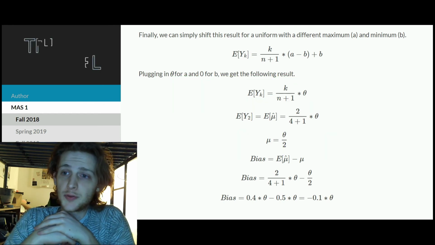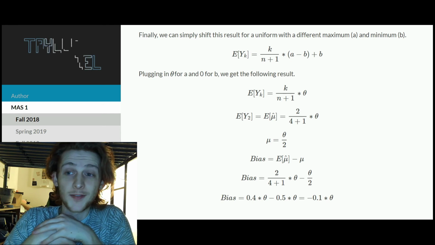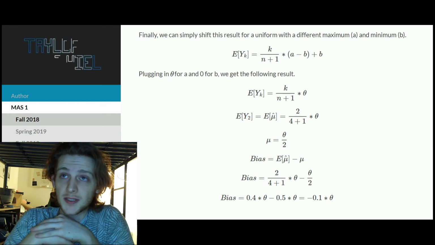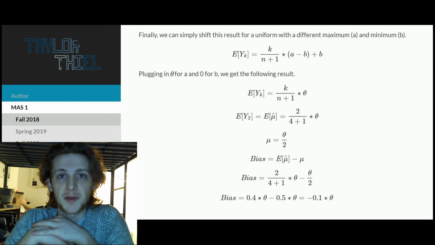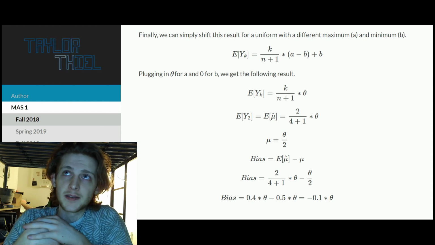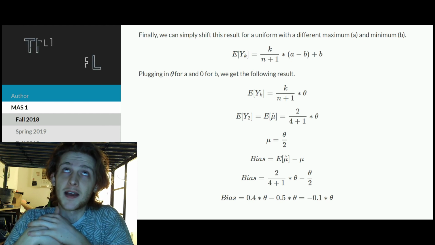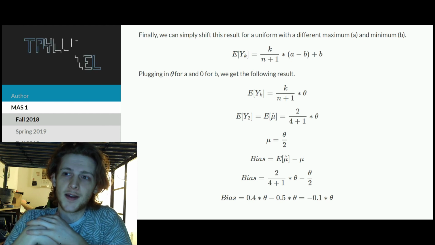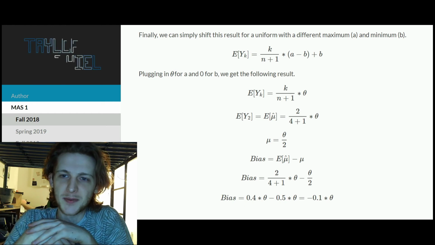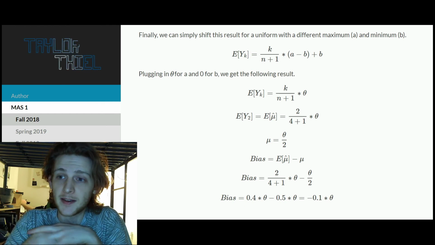Next, mu is equal to theta over 2. The mean is just the midpoint of a uniform distribution. You can do the maximum minus the minimum, divided by 2, plus the minimum, but ranging between 0 and theta, you just know it's going to be theta divided by 2.